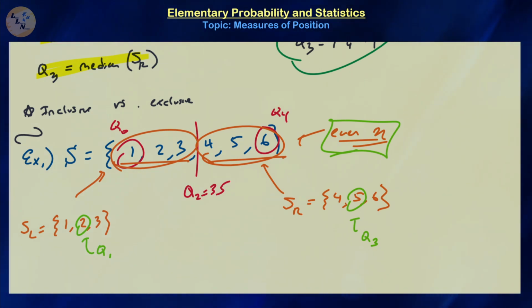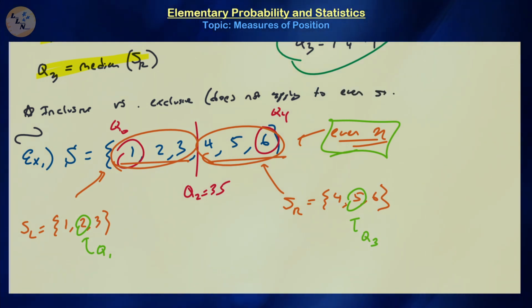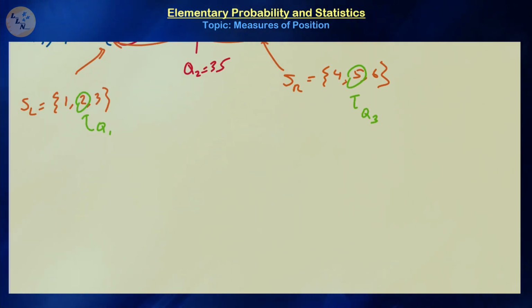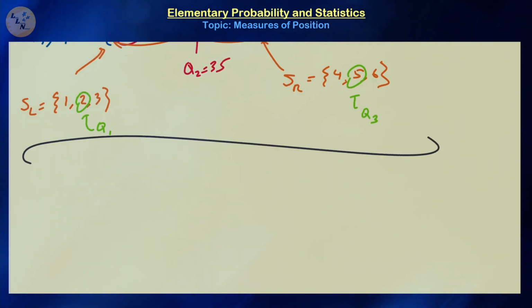The inclusive versus exclusive distinction does not apply to even-sized sets. It only applies to the odd case, and I'll show you why it needs to be considered in that way.